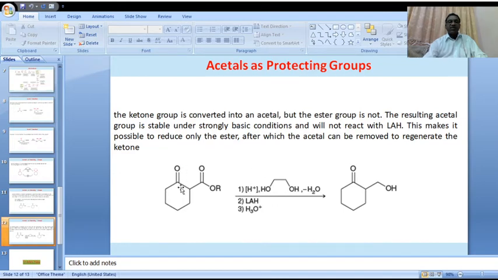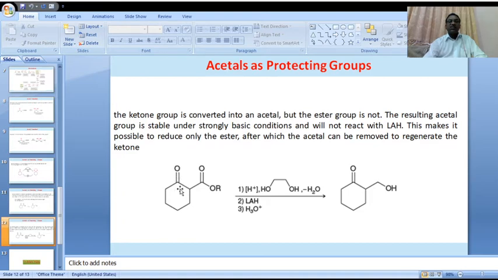This particular ketone group only, not any disturbance, it does not react with this ester, and does not reduce this ester.